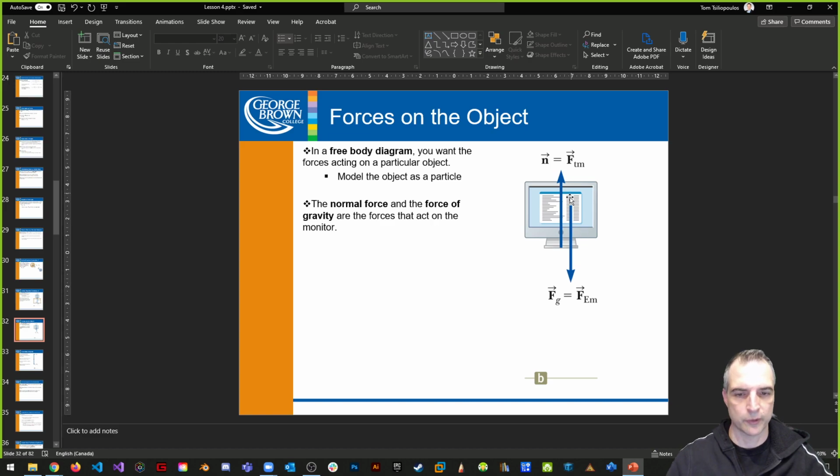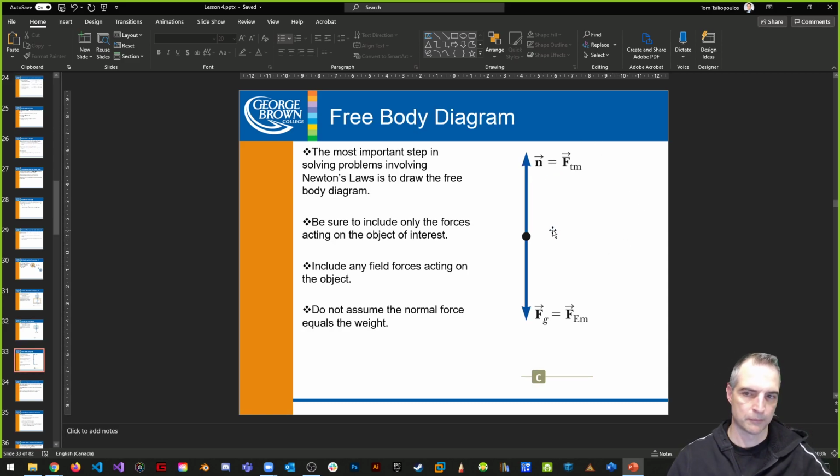These two arrows would be the same size because the object is in equilibrium. It's not moving, and there are no lateral forces. We don't have somebody pushing the monitor, and there's no phantom telekinesis that's going to take the monitor off the table. So we can say this object is in equilibrium.